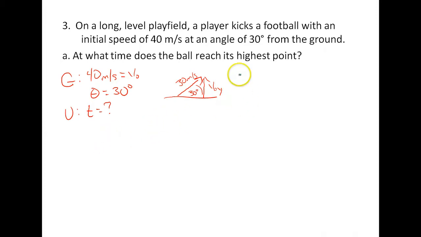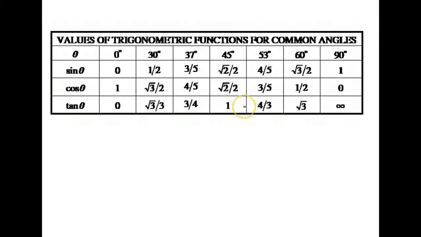So the initial velocity of the ball in the vertical direction is equal to the initial velocity, which is 40 meters per second, times the sine of 30 degrees. The sine of 30 degrees is 1/2.